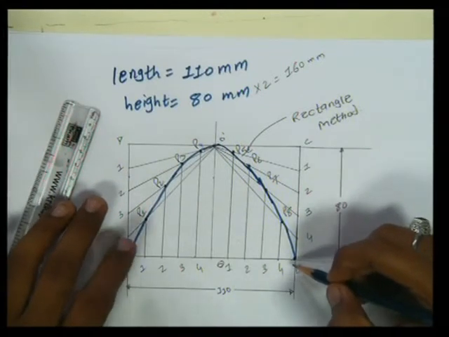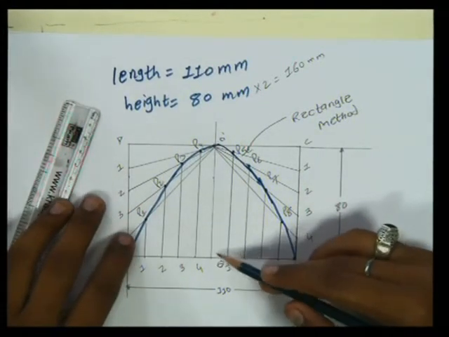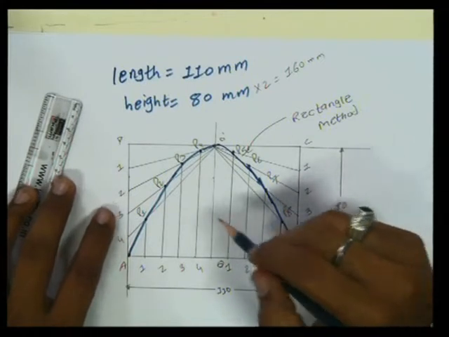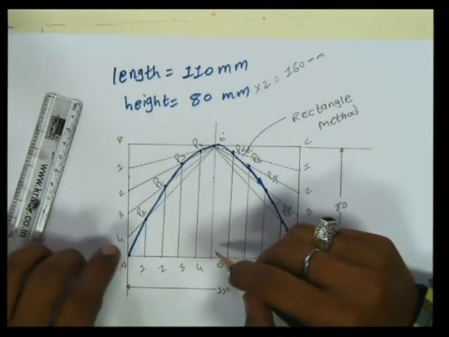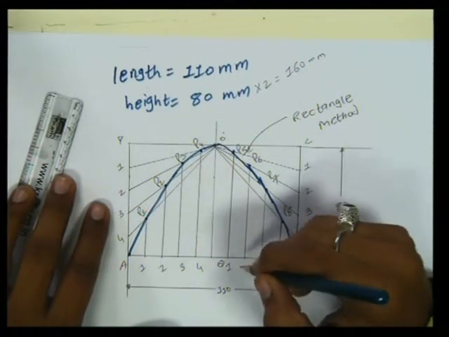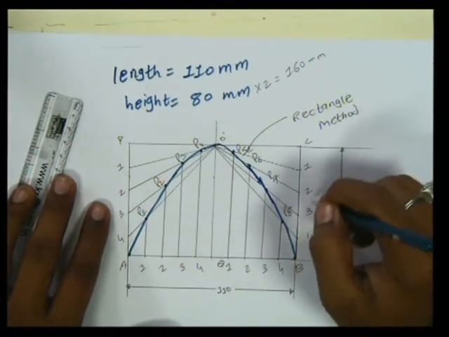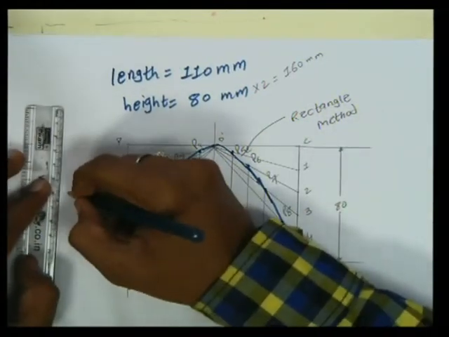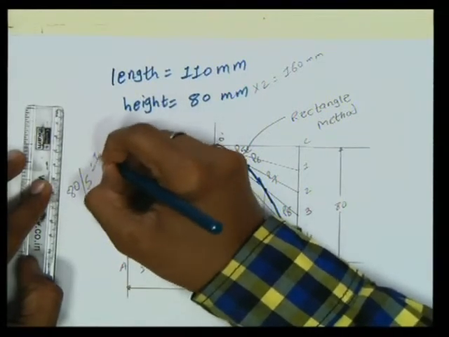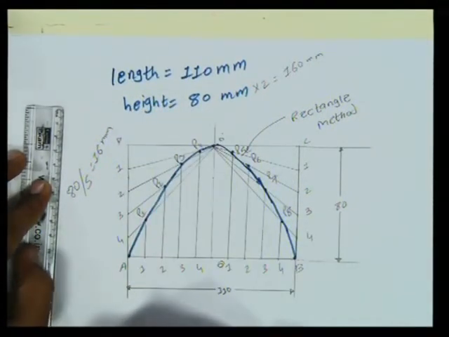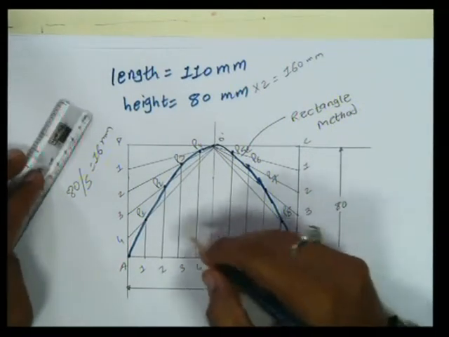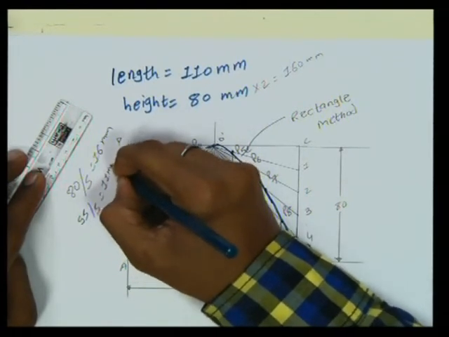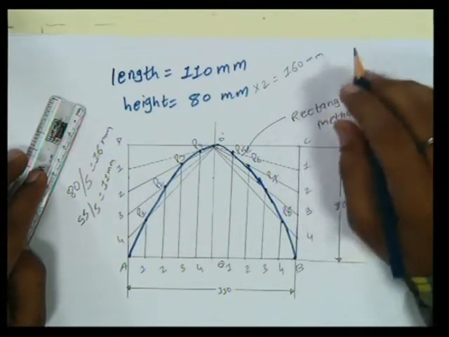Taking the midpoint O, marking it with the rectangle. Now divide AO into 5 equal parts and AD into 5 equal parts, as well as OB into 5 equal parts and BC into 5 equal parts. 80 divided by 5 is equal to 16 mm for each part. 55 divided by 5 means 11 mm for each part.